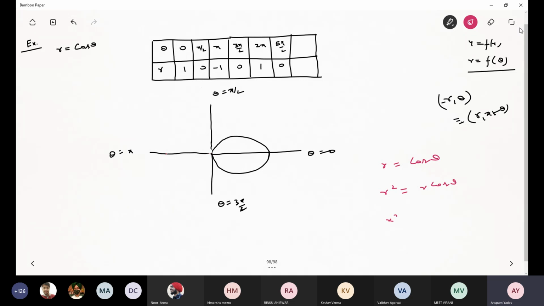So r square is x square plus y square, and r cos theta is x. Taking x to this side, this is nothing but x minus 1 by 2 whole square plus y square equals 1 by 4. So this is nothing but this circle. This is the way we have to draw any particular curve.